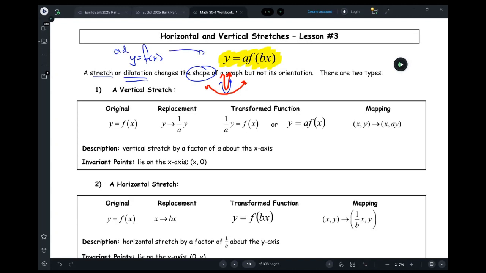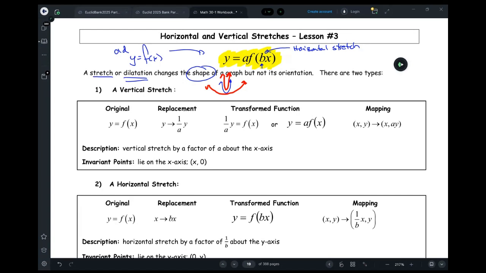Inside the parentheses, the first thing we're doing is multiplying the x by this value b. That is changing the x. So b is giving us something horizontal. I'll tell you right now, it's a horizontal stretch, and we'll explain that a little more. But I just want you to catch that if it's inside the function, it's horizontal.